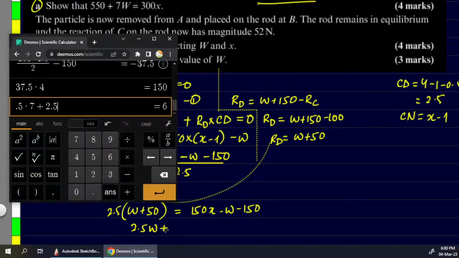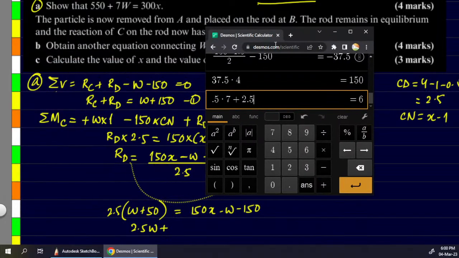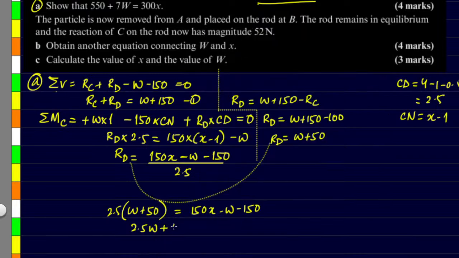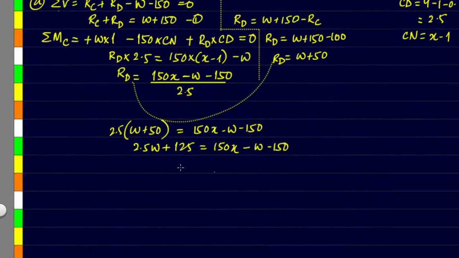What do we get? 125 equals 150x minus W minus 150. W terms, take them on one side. 1.5 W equals 150x minus 150 and minus 125.